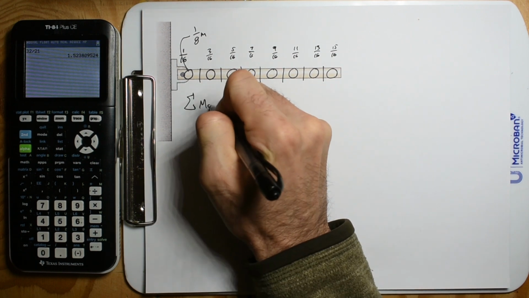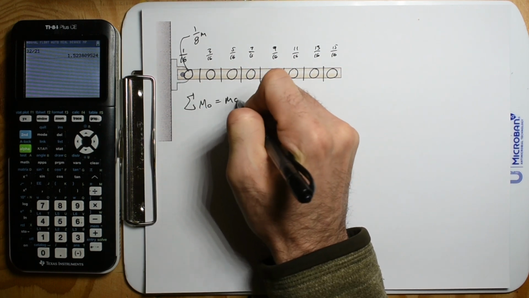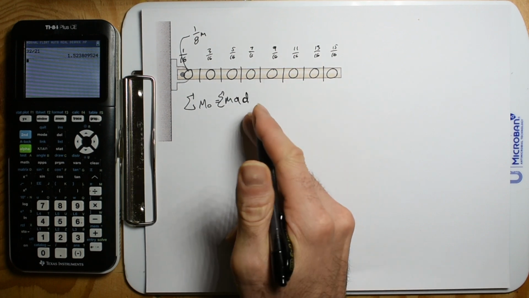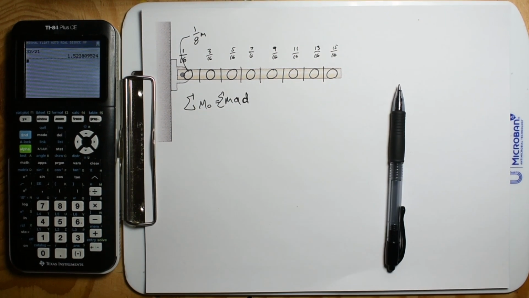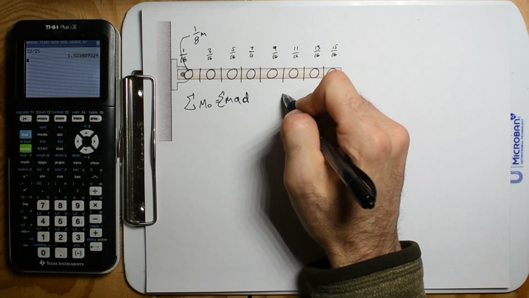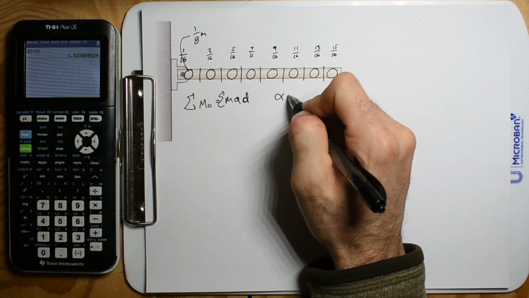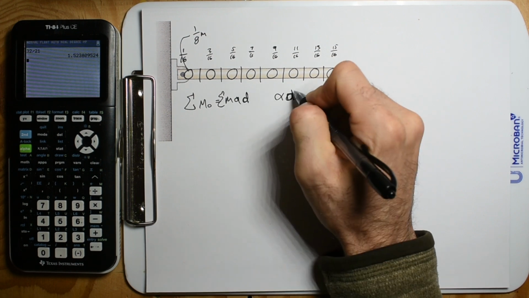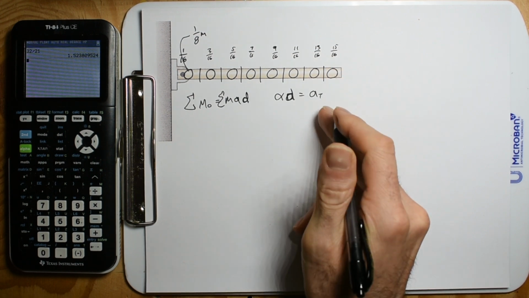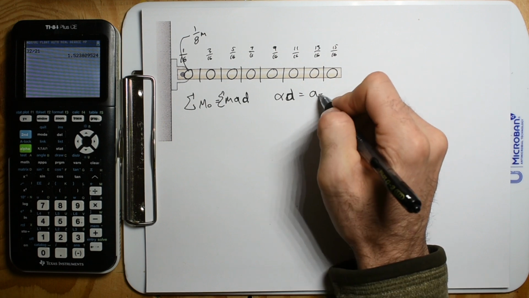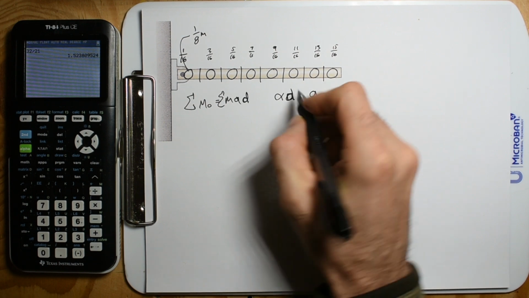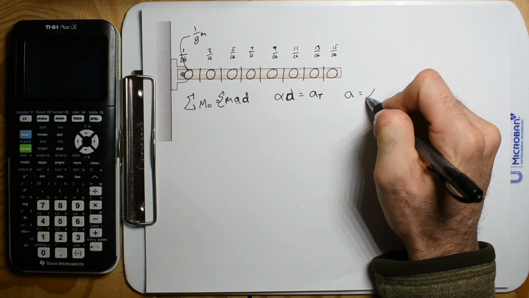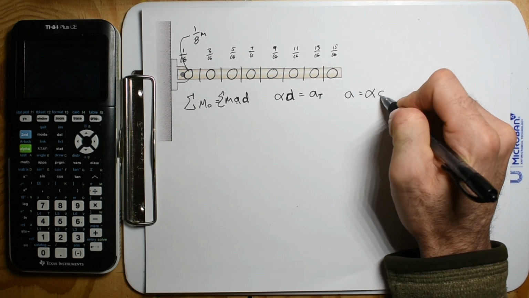We're going to sum the moments is equal to the sum of the linear accelerations of each of those masses. But then our constraint is that angular acceleration times the distance to those masses is equal to tangential acceleration. So this acceleration right there, A, is equal to angular acceleration times that distance.